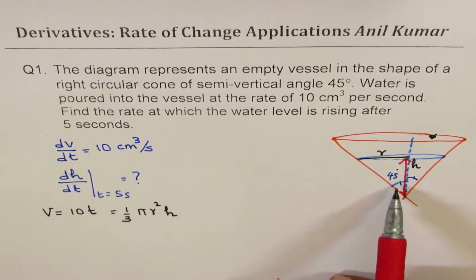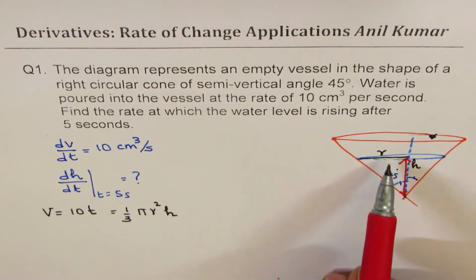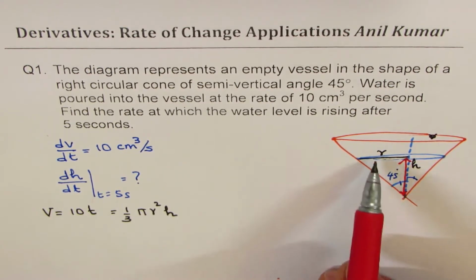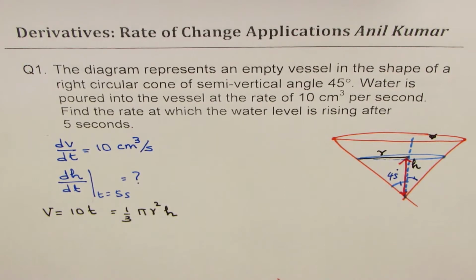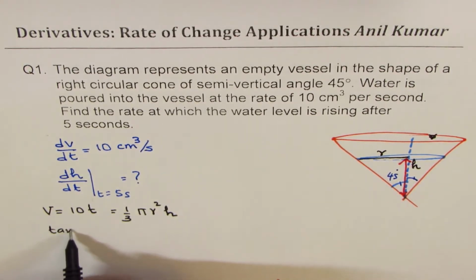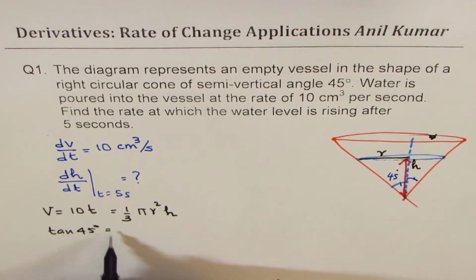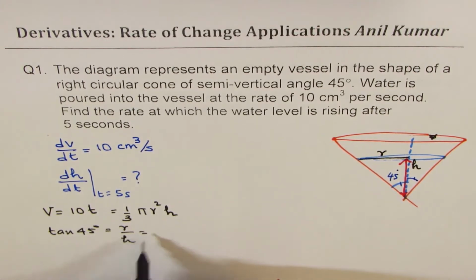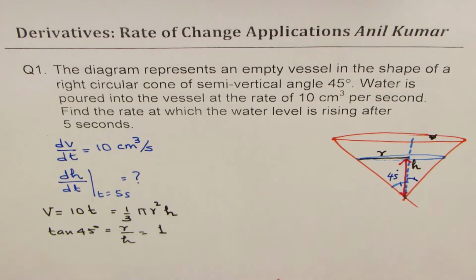Now, the angle of 45 tells you that the ratio of r and h is what? 1, right? So when we say 45, we can also say that tan of 45 degrees is r over h. And we know tan of 45 degrees is 1. So we also know that radius is equal to height.